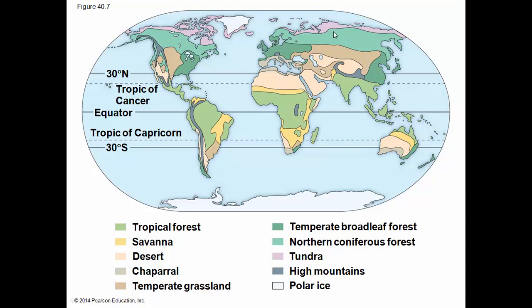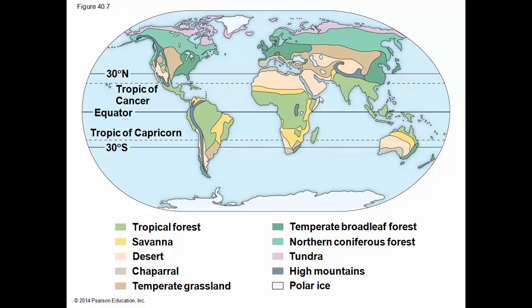There are tundras which occur in latitudes north of that. The tundras are characterized by lacking any sort of trees. They may have some small shrubs, but generally their vegetation consists of lichens and grasses. So it's a very extreme environment up here in the tundra region.